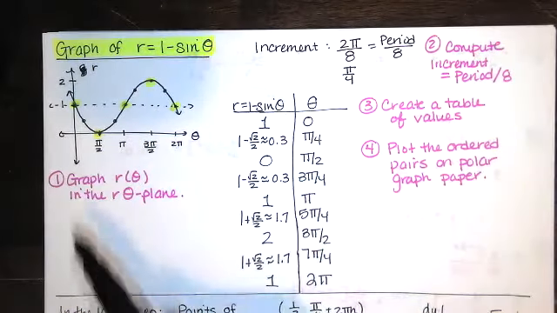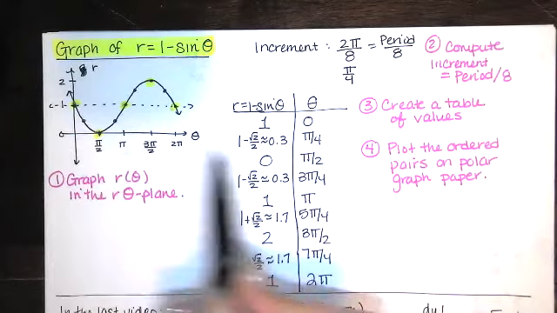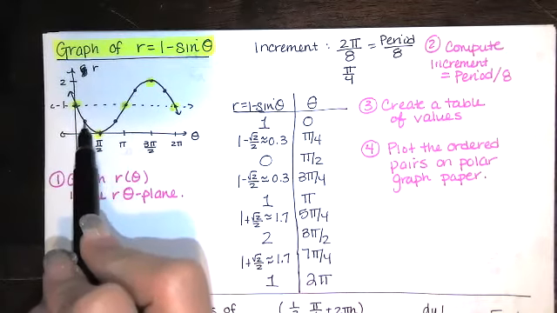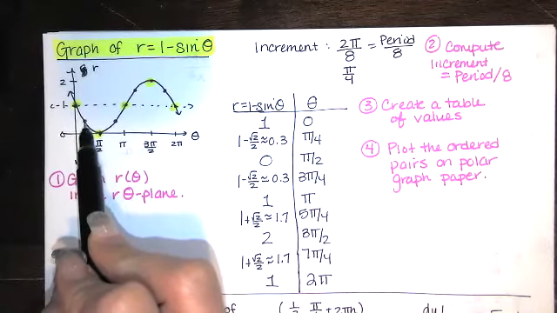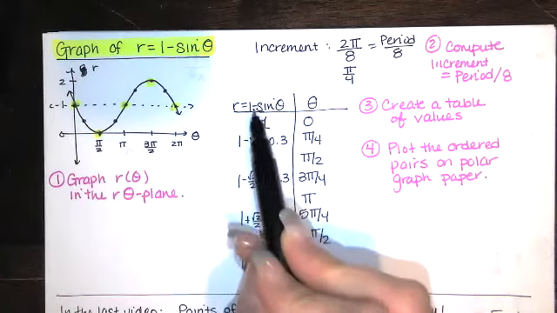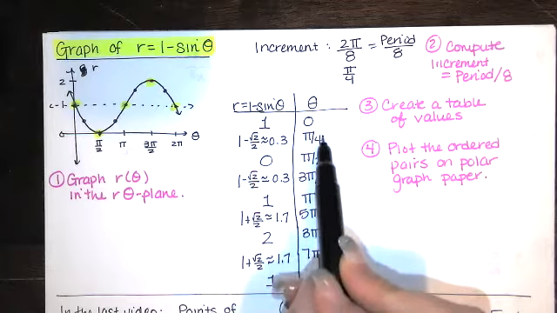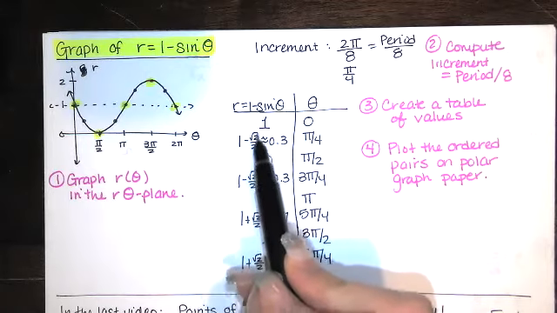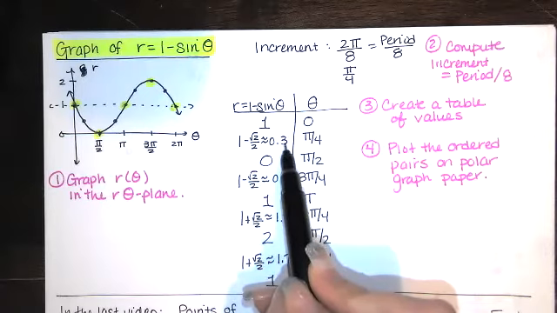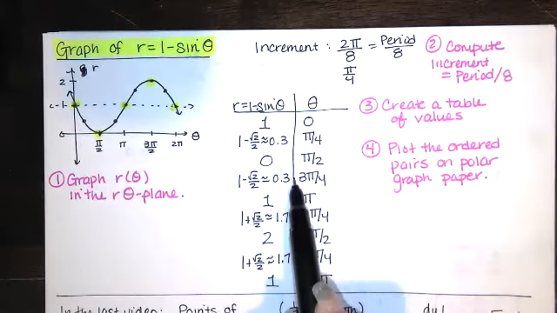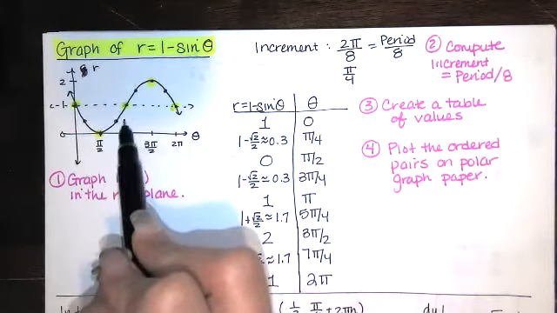And then because of symmetry, when I'm finding this point here, I'm also finding this point here. So this value is given by 1 minus sine of pi over 4, and sine of pi over 4 is square root of 2 over 2. So I simplify that and I get 0.3. Well, that is also 0.3 because of symmetry.